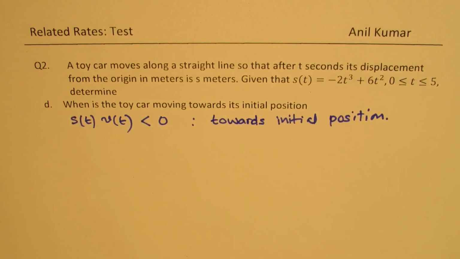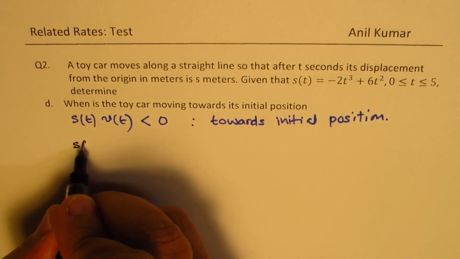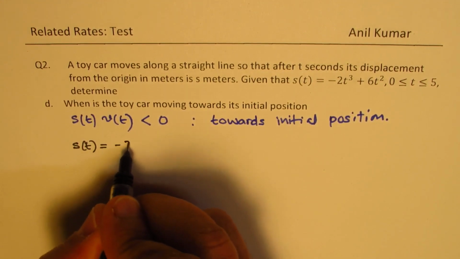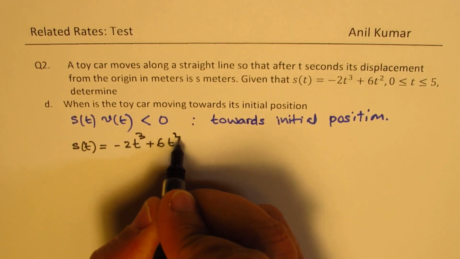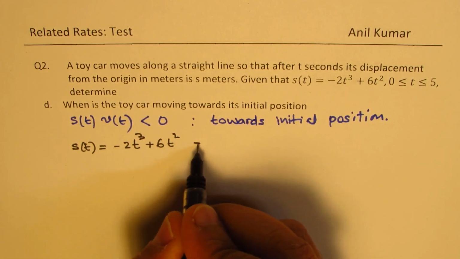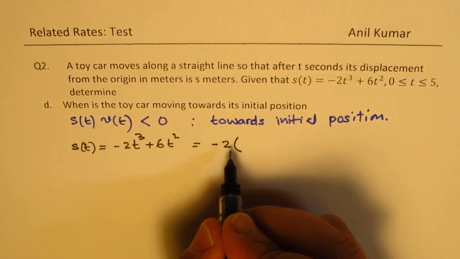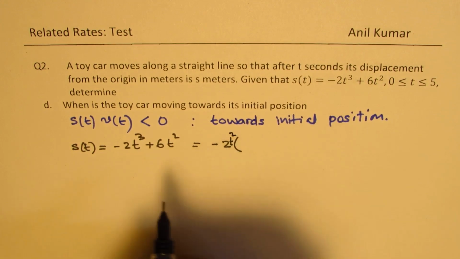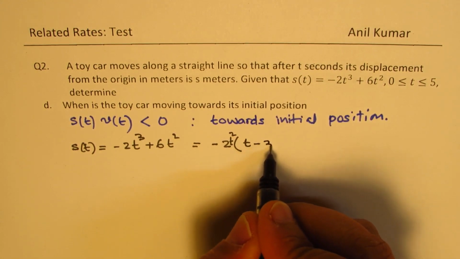So we are going to just test the product of displacement and velocity. So let's work it out. S of t is minus 2t cube plus 6t square. You could write this in factored form also. So if I take minus 2t square common, I get t minus 3.